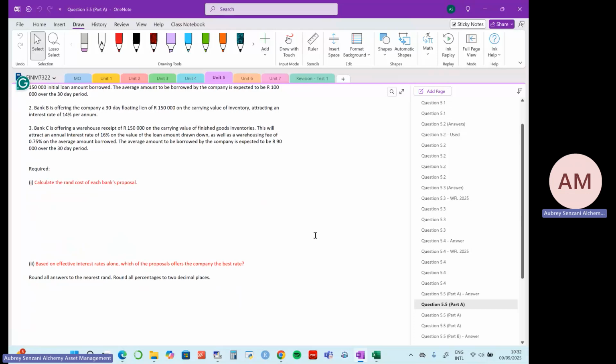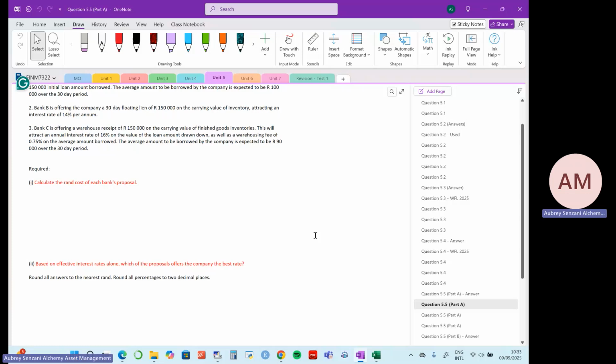The company has no source of unsecured financing available and is seeking to use its inventories as collateral for secured short-term financing. The carrying value of its inventories is currently 400,000, which includes finished goods of 200,000. The company has received proposals from 3 banks as follows.